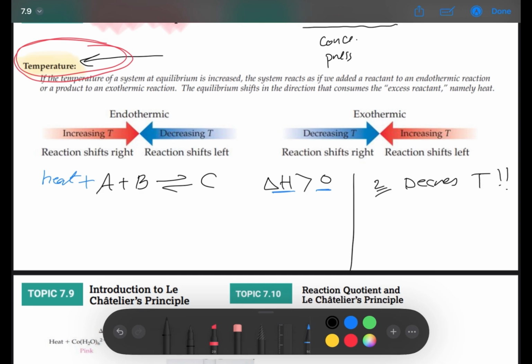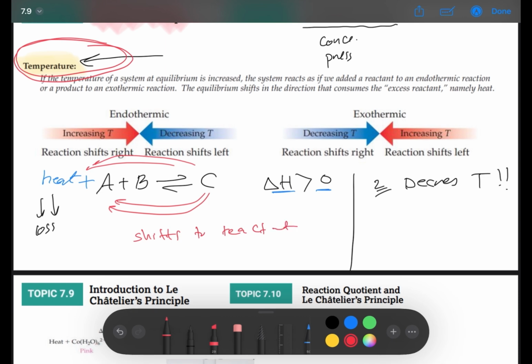We have a loss. Just remember from the previous video, the reaction tends to shift in the direction of the loss because it wants to compensate for the loss. So the reaction will shift from products to the reactant side.